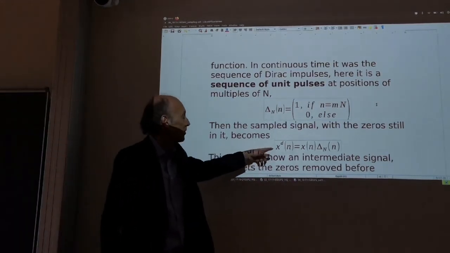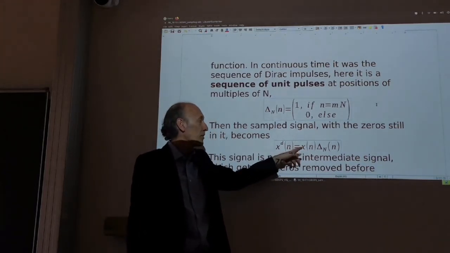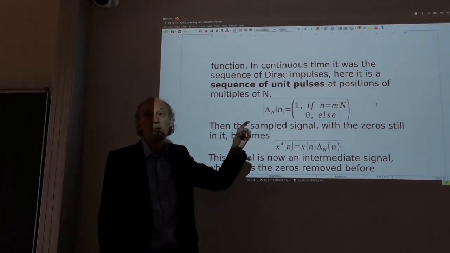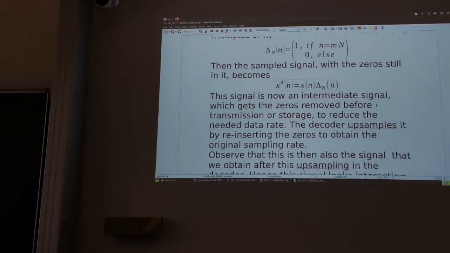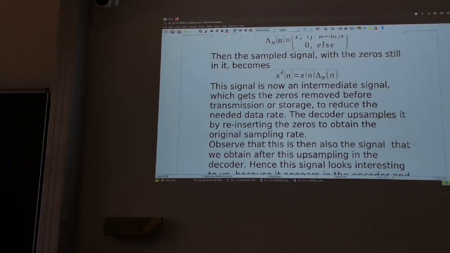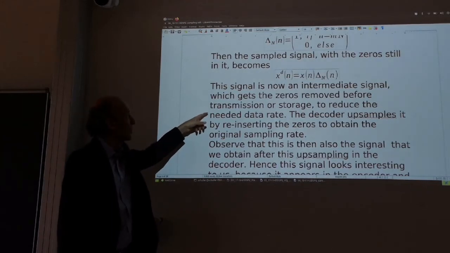Then the downsampled sequence just consists of multiplying the original sequence with this unit pulse sequence. It multiplies all the unwanted samples with zero. So this is now an intermediate signal which gets the zeros removed before transmission or storage to reduce the data rate.